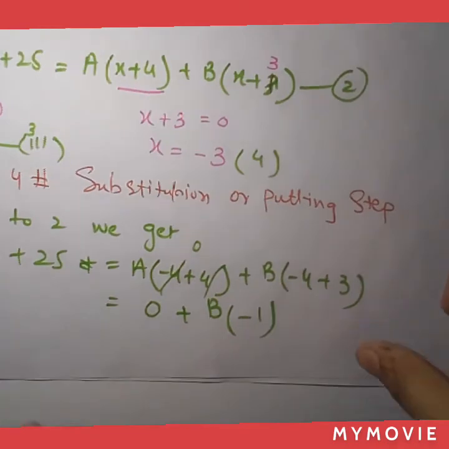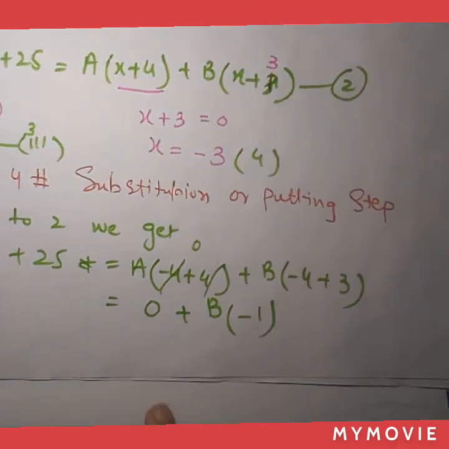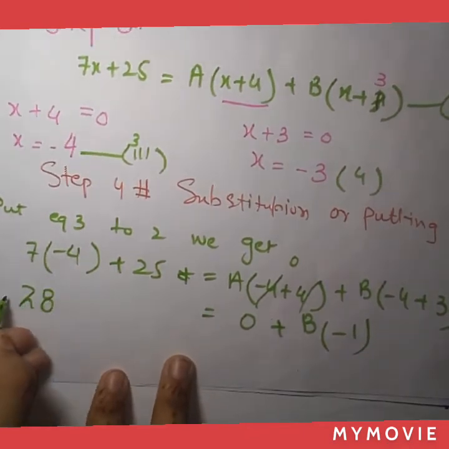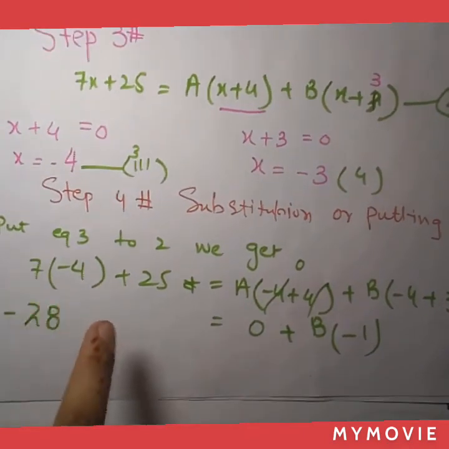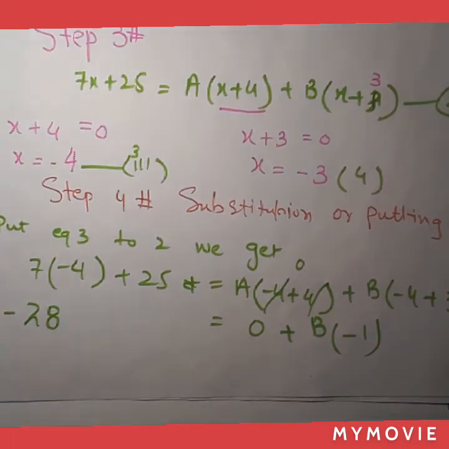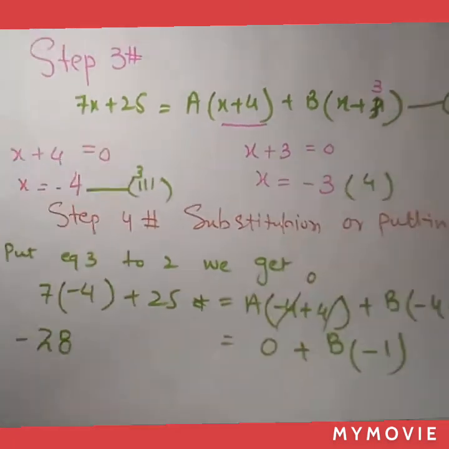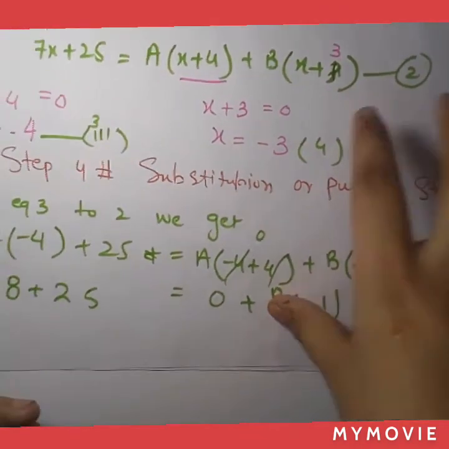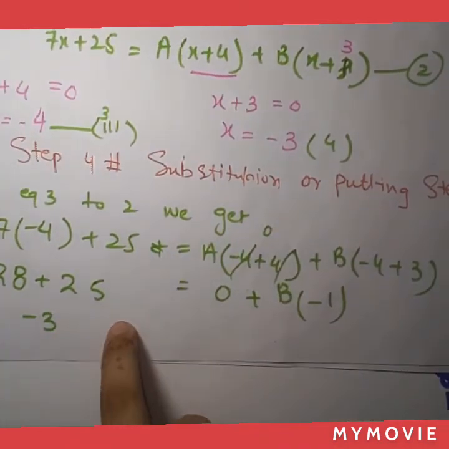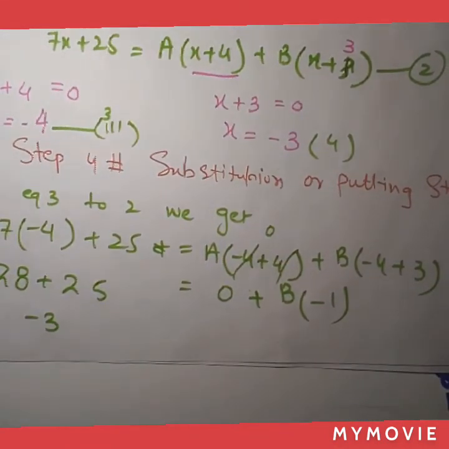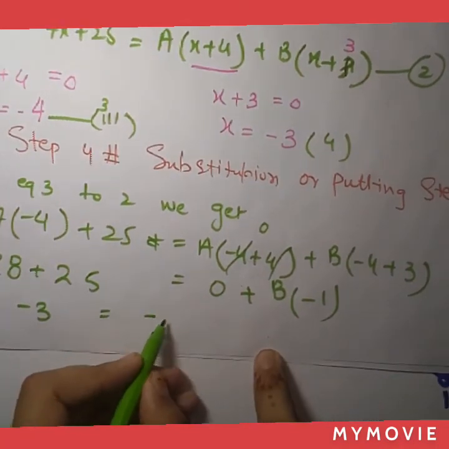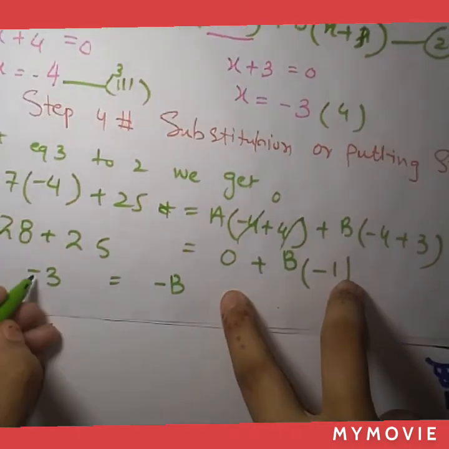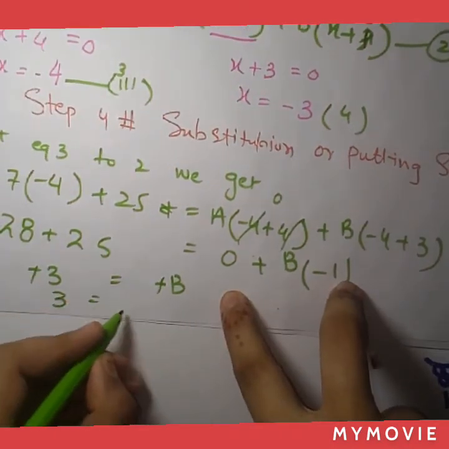These types of values are also uploaded on my channel. And 7 into 4 we get 28, with a minus sign because plus times minus is minus, then solving, plus 25. Minus 3, because plus minus minus with the sign of the greater gives minus 3, is equal to minus b. Minus on both sides cancels, we get 3 is equal to b.